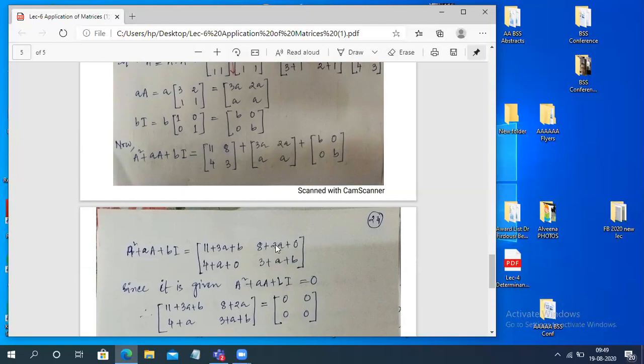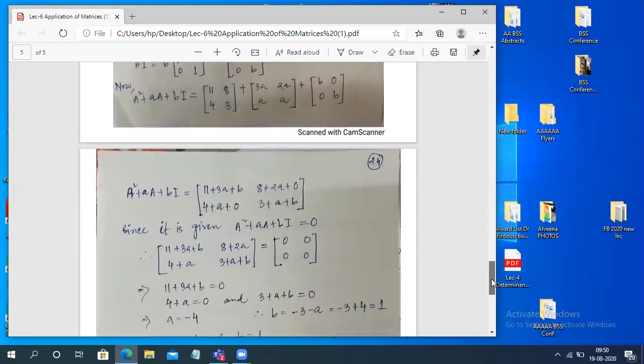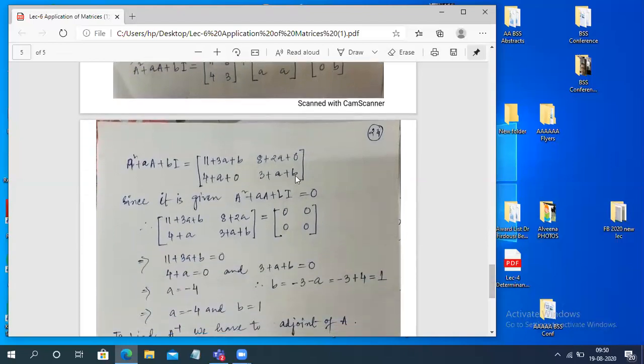Now the second row, first element: 4 plus a plus 0. Second row, second element: 3 plus a plus b. So this is the matrix, and it is given that this is equal to 0, that means a zero matrix of order 2 by 2.